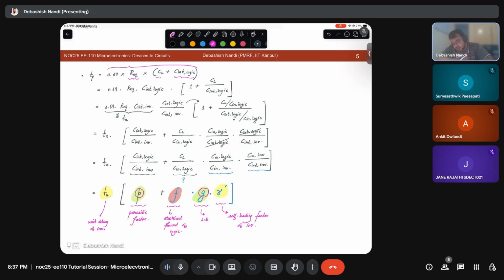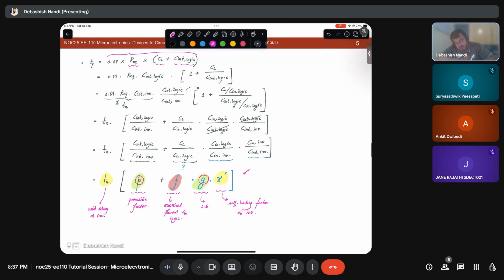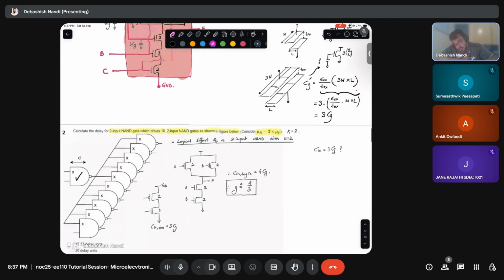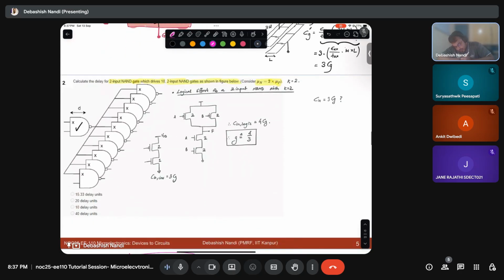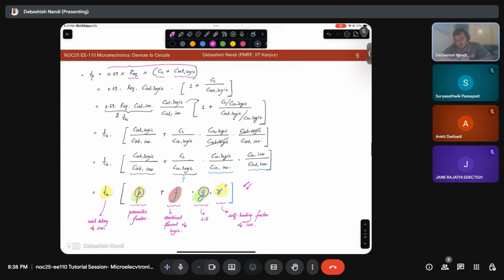CL, you need to calculate. So when you do for billions of transistors, this saves your time. That is why we are doing it in this fashion. And also in the question, it is asked to calculate the delay. The options are given in delay units. These are nothing but your TUs. So TUs are what? This is your TU.